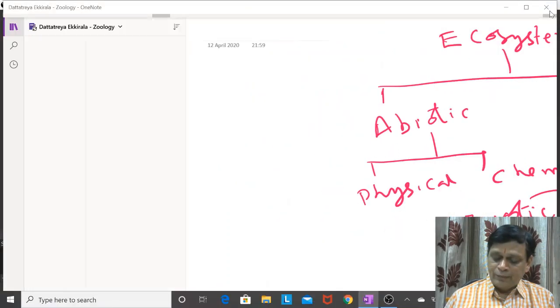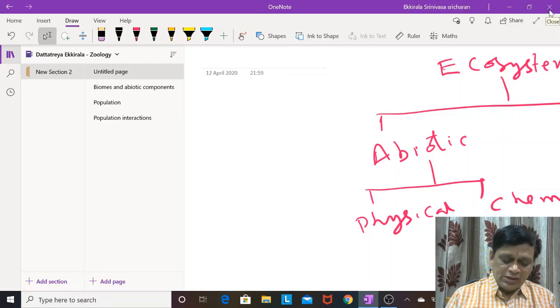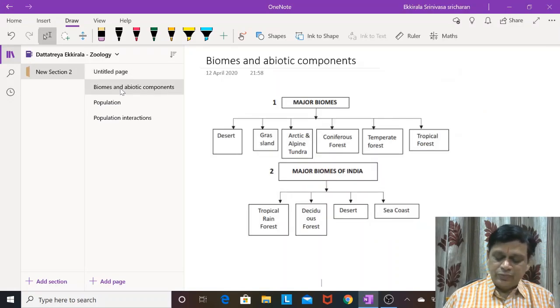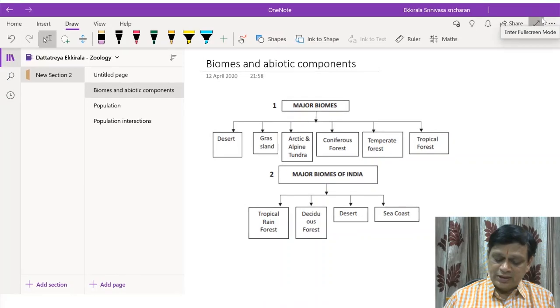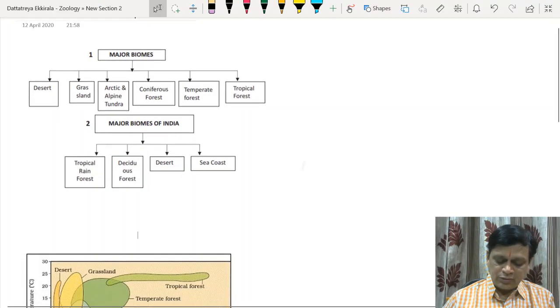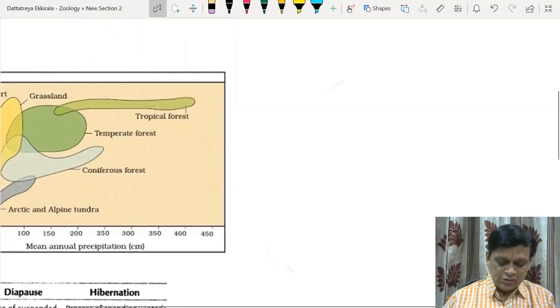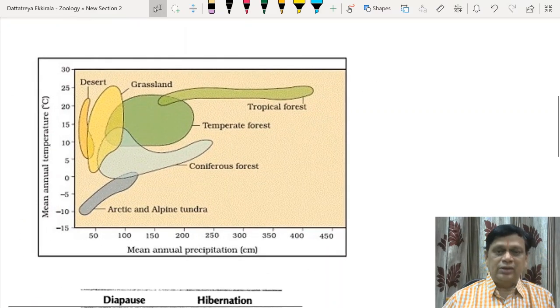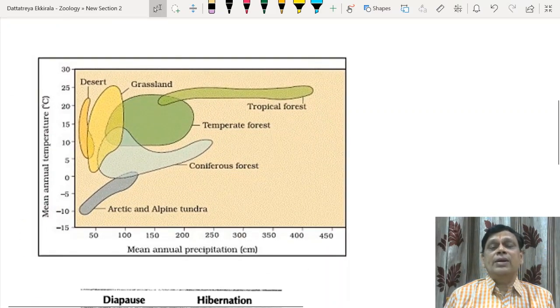Right. Now, if you take the entire Earth, the Earth is divided into major subdivisions called biomes.